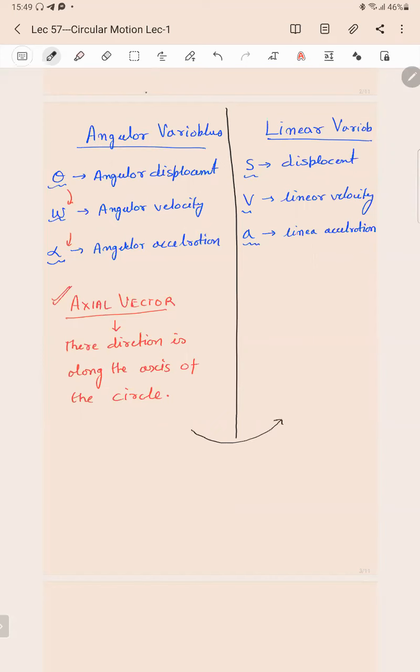So how they are connected together. How can we connect linear variable to angular variable? That is something that we have to take into account.